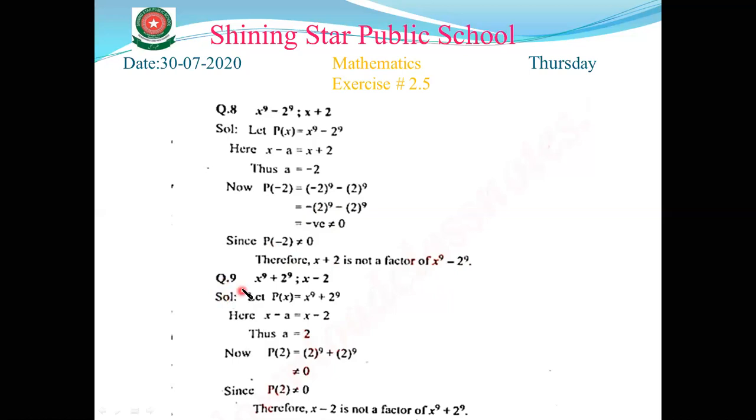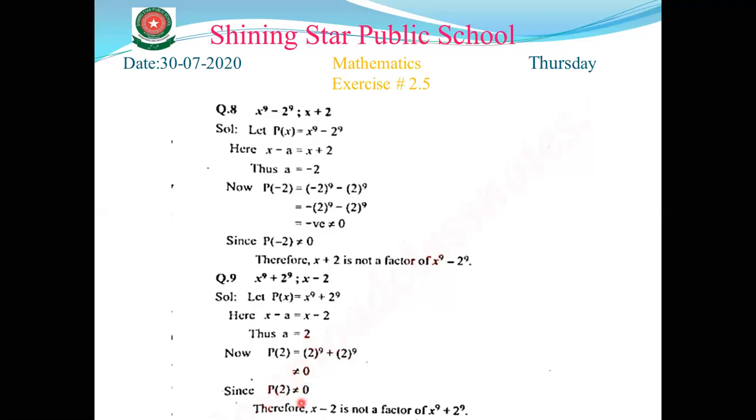Again, in question number 9, here we have x minus 2. So now we put x equal to 2, positive 2, because when we write x minus 2 equal to 0 and take 2 to the right hand side, it becomes 2. So p of 2, 2 power 9 plus 2 power 9. When we take the 2 power 9 and 2 power 9 and add them, it will again not equal 0.